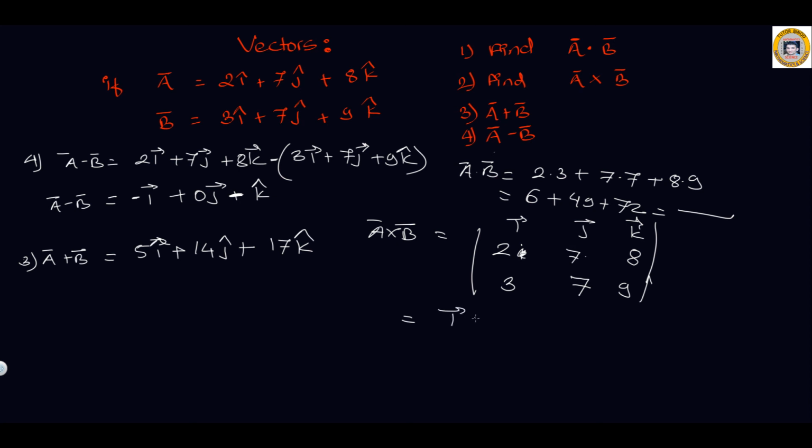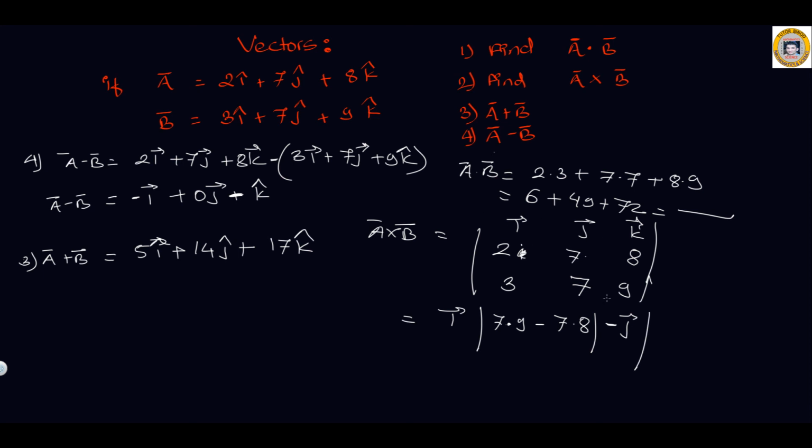So let me put i. I will close the row and column which consists of this i. So I would have 7 times 9 minus 7 times 8, minus j.